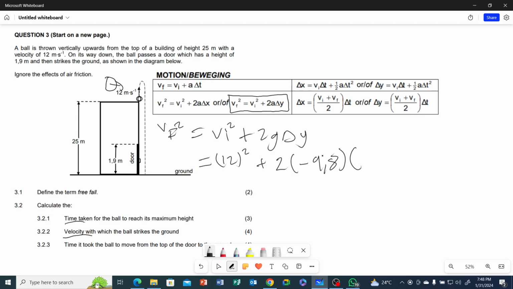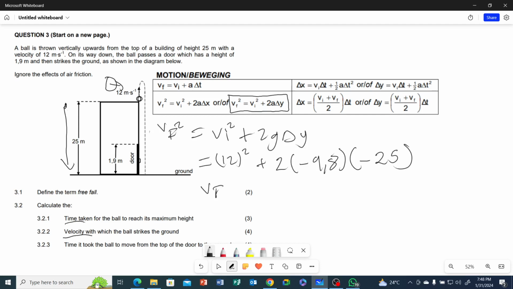Now, what is delta y? Delta y will be the height of the building. Will the height be positive or negative? Our height will be negative 25. Why is the height negative? Because the ball is traveling in the negative direction. Good. Now you substitute everything into your calculator and take the root of Vf squared.